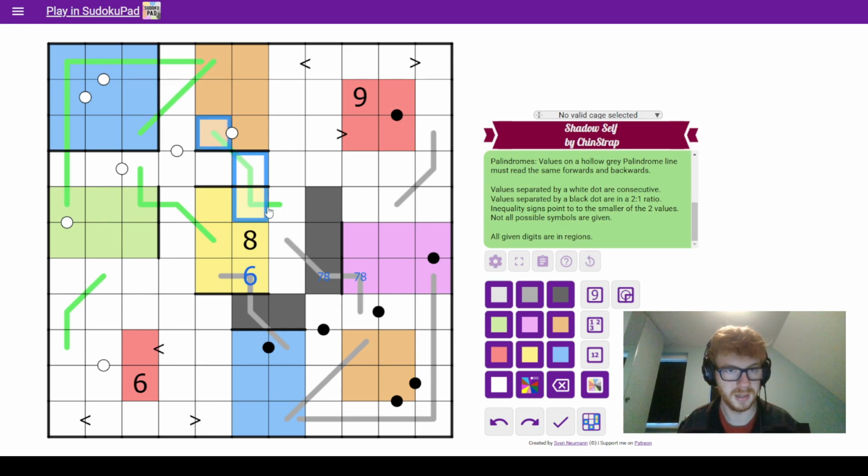Maybe the whisper line, because this is either a 6 or a 4. If it's a 4, it forces a 9 and a 9. Well, that cannot be a 9, so this cannot be a 4, because this 9 would make an 8, which would block it. Oh, it is. Okay, so it's not in a region.